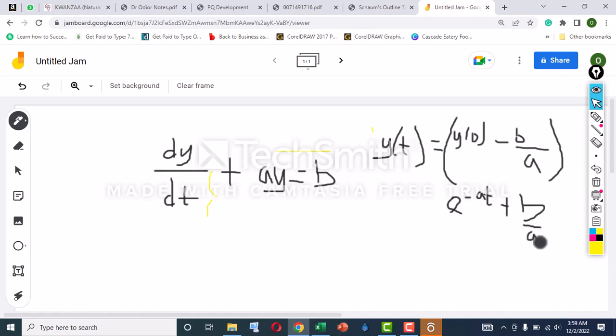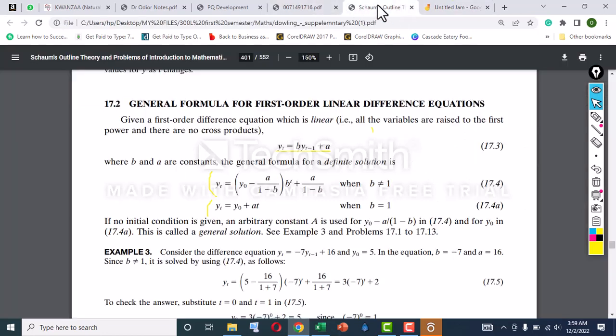I remember in differential equations I said this particular part can also be replaced with just A whenever you are not given y0. So those are the two forms of the formula. It's still one, but they are just written in two forms.